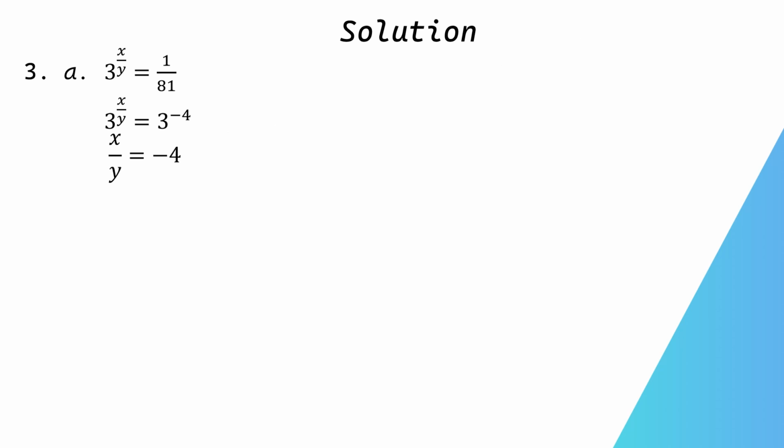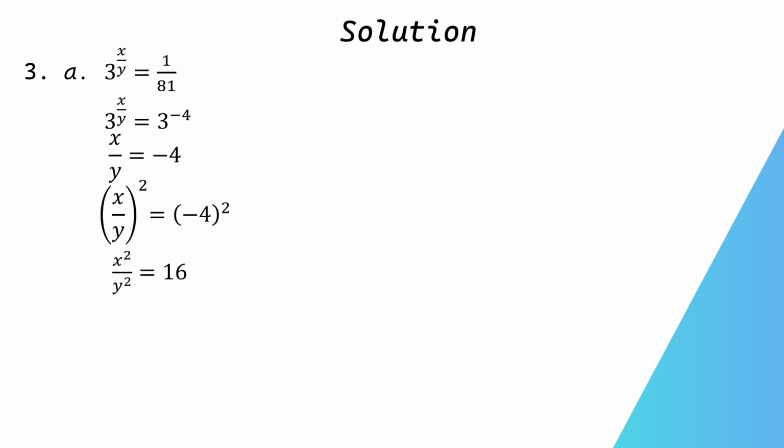Since the bases are the same, we can equate the powers. We have x/y equals −4. Now we are told to find the ratio of x² to y². What do we do next? Square both sides and see what will happen. We have (x/y)² equals (−4)².